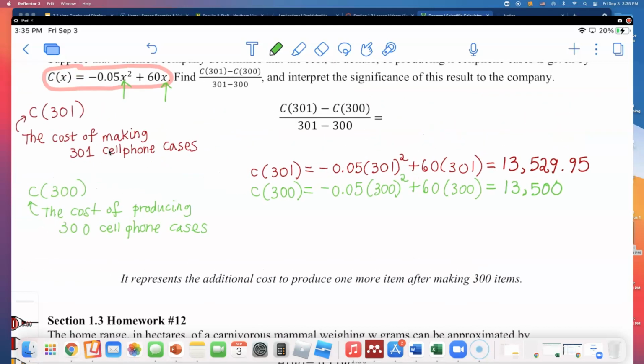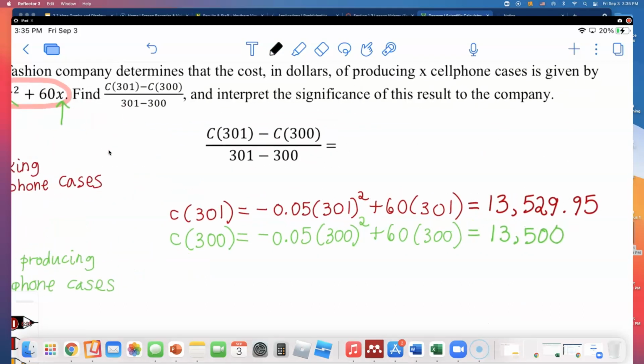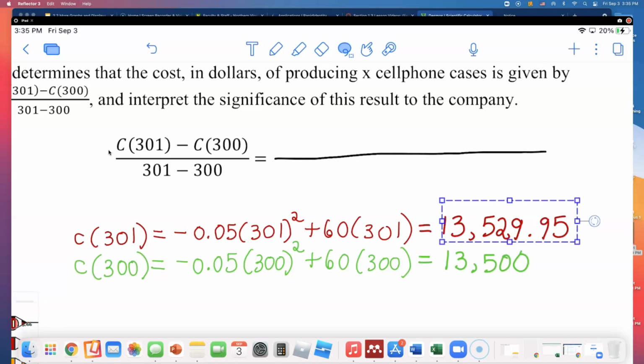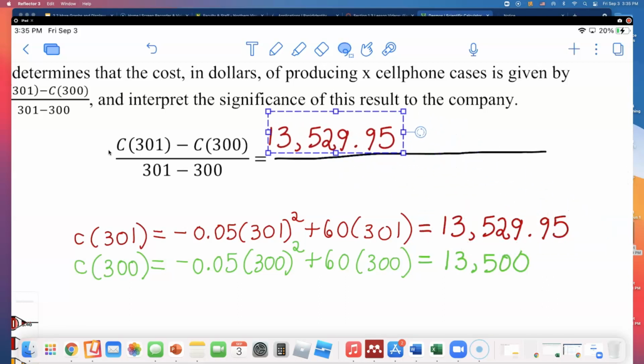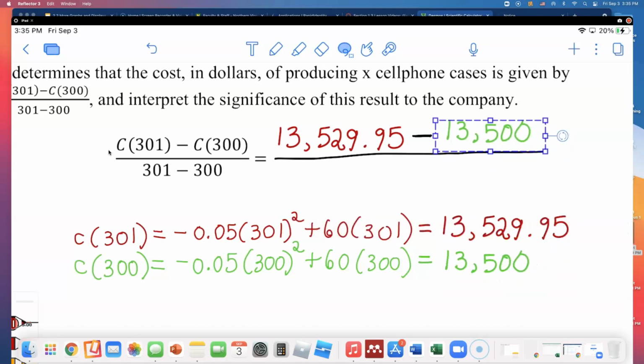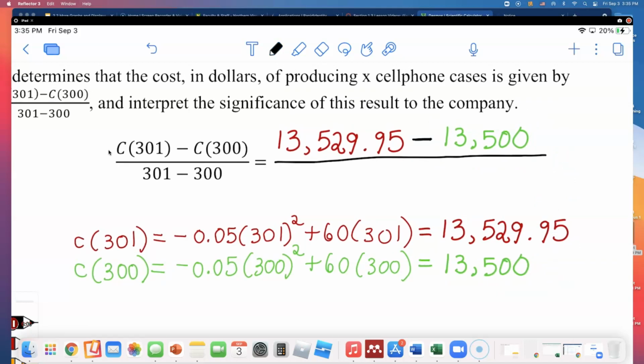But let's go ahead and find what they wanted first. This fraction will turn into these two numbers, right? This number minus this number, divided by, well, that's silly, 301 minus 300 is just going to be 1.